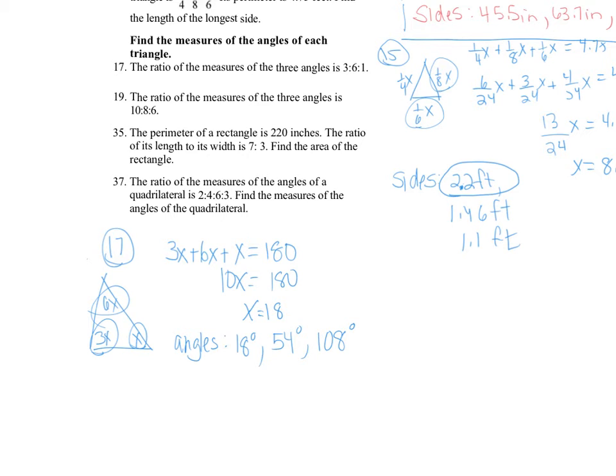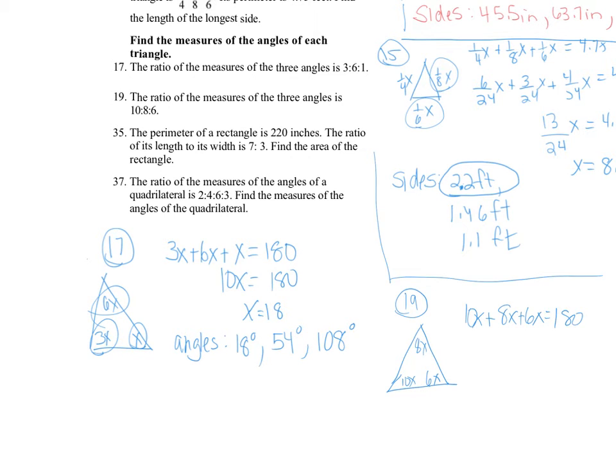Now number 19 is very similar. It tells me that the measures of the three angles are in the proportion 10 to 8 to 6. If we look at the sum of the measures of the interior angles of a triangle, that is going to equal 180.